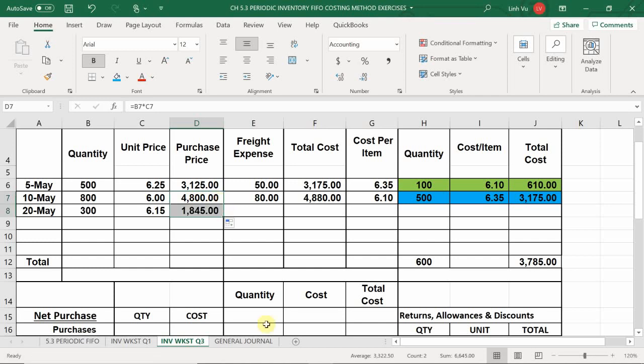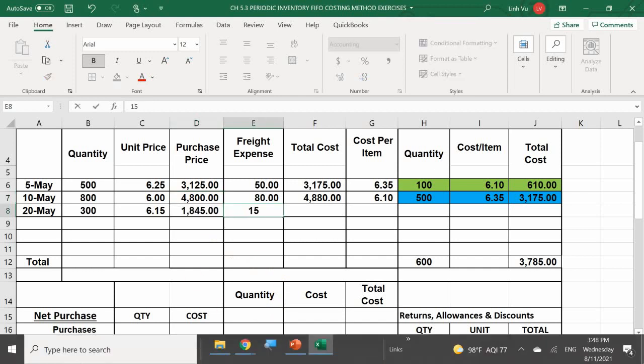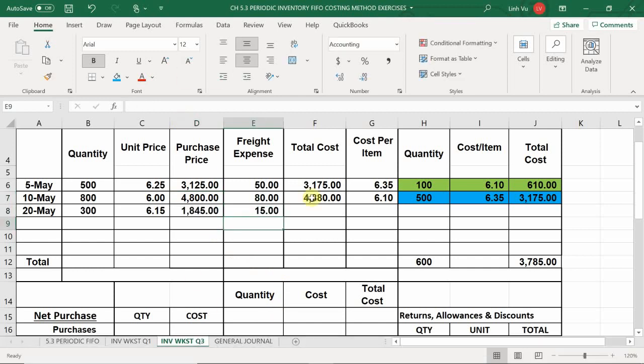Total purchase price here is $6.30 plus 5, which is $6.35. How many units? 100. Also $6.35. Good.